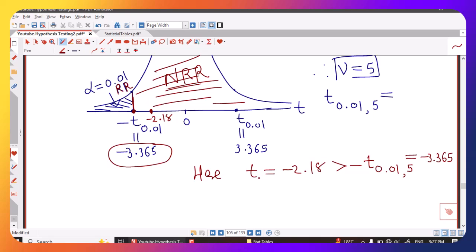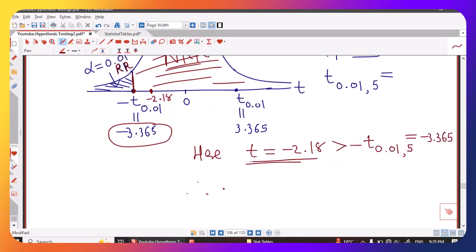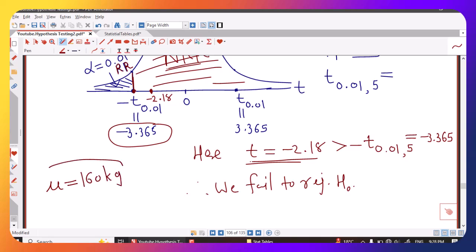That means the calculated value of test statistic falls in the non-rejection region, and therefore we fail to reject the null hypothesis, and the null hypothesis is that mean breaking strength is 160 kg.